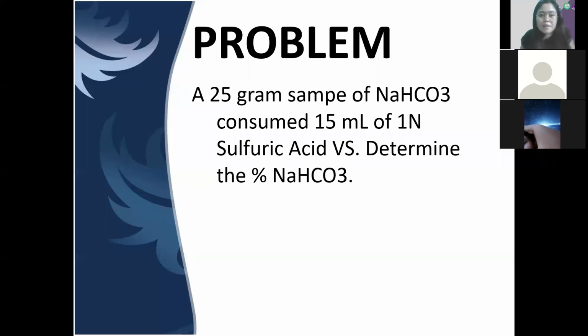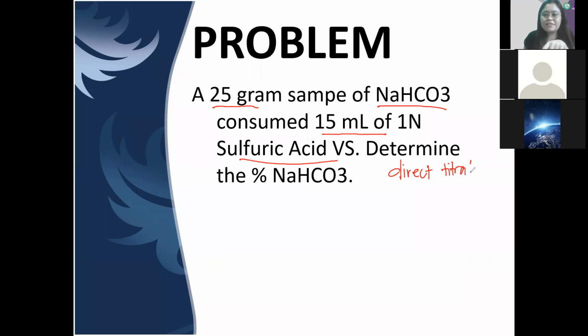So what is our sample here? Our sample, 25 grams of sodium bicarb. Therefore, our titrant is this one, 15 ml of 1N sulfuric acid. And since we only have one titrant, anong tawag dito? Direct titration.